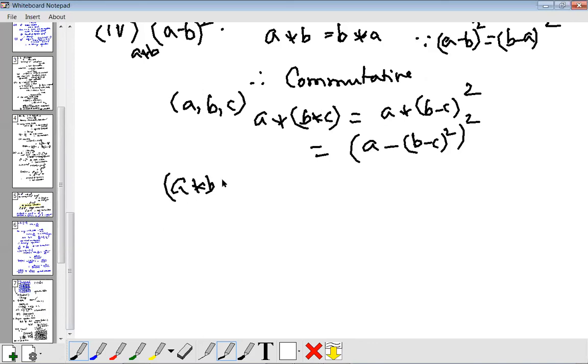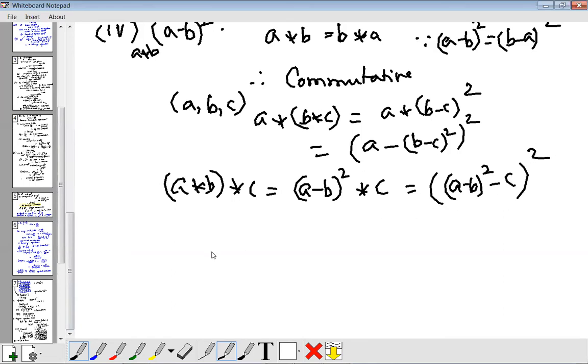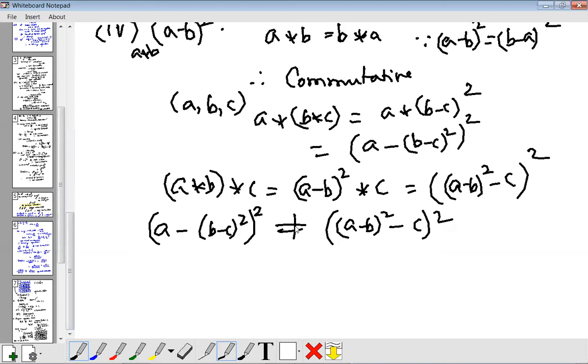(A star B) star C equals (A minus B) whole squared star C. That's equal to (A minus B) whole squared minus C whole squared. So (A minus (B minus C) squared) squared is not equal to ((A minus B) squared minus C) squared. Definitely they are not equal. Why? Because you will get C to the power of 4 here. Here you won't get C to the power of 4. Therefore, not associative.